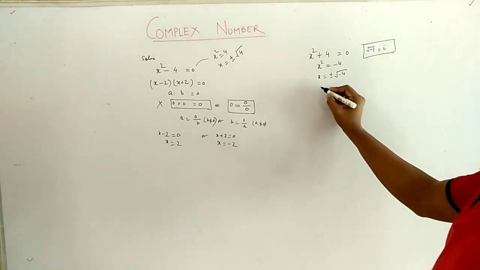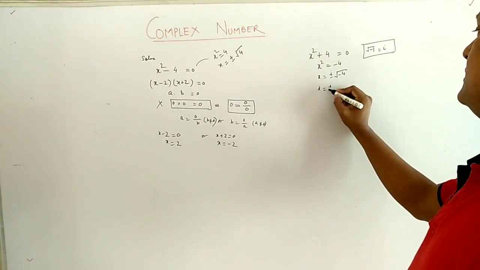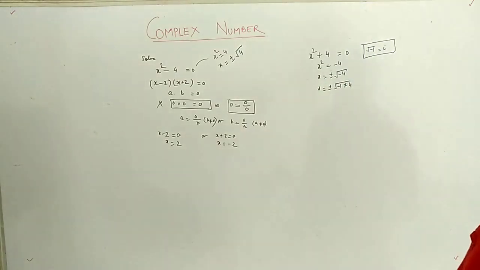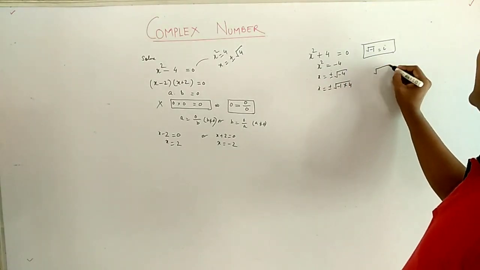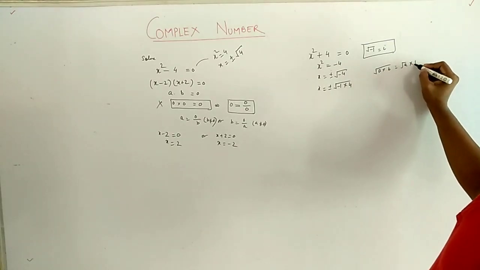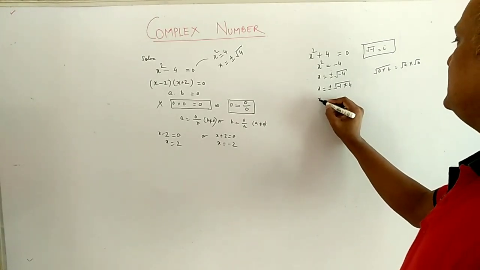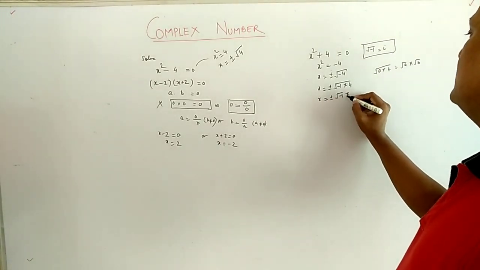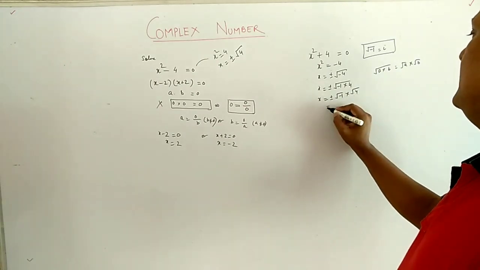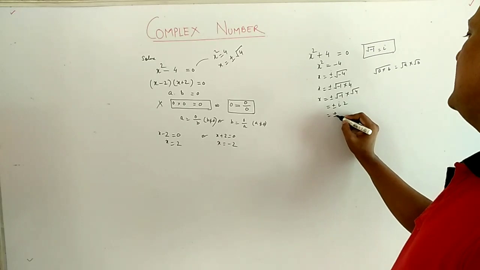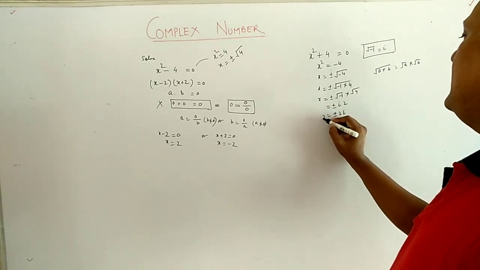Then x becomes plus minus under root of minus 1 into 4, and we know that the square root of a into b is always square root of a into square root of b. So this gives plus minus under root minus 1 into under root 4, which is i and 2, so I get plus minus 2i.